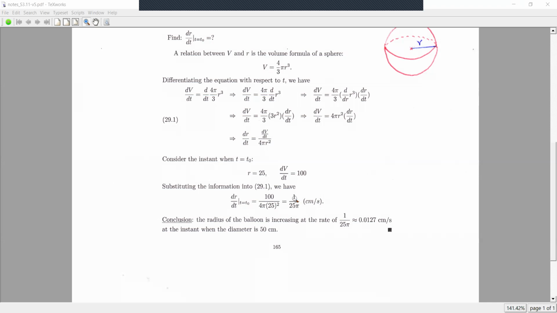It is 1/(25 pi). The unit is cm per second. Conclusion. The radius of the balloon is increasing at the rate of 1/(25 pi) cm per second at the instant when the diameter is 50 cm.